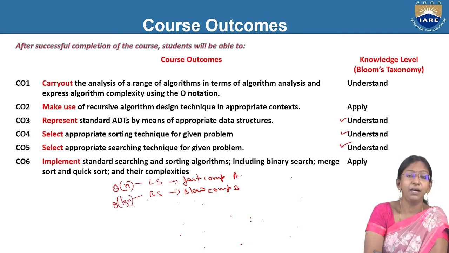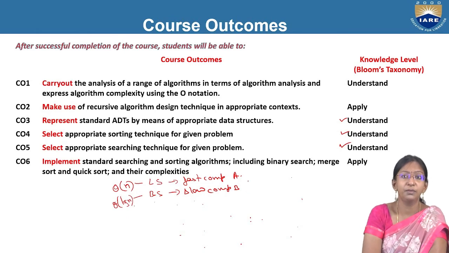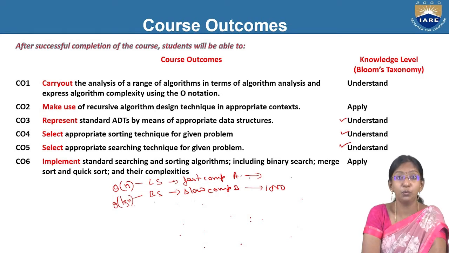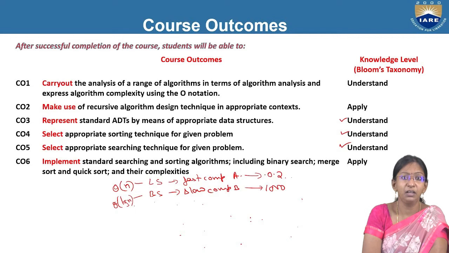But when binary search works on a slower computer, it takes 1,000 units of time, whereas with the same list, even though the linear search complexity is high, as it is working on a fast computer, it will take 0.2 units of time to execute, which says that system A, that is indirectly linear search, is going to give you 5,000 times faster.